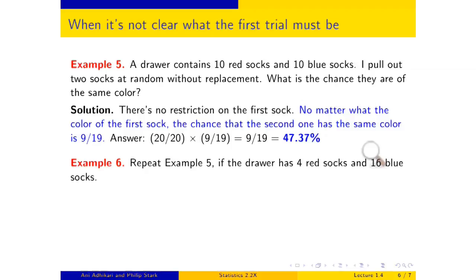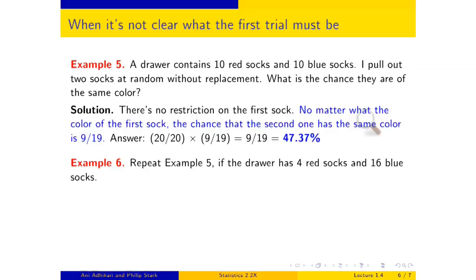So you can start out putting down a 20 out of 20. But now what? Well, now the second sock has to be of the same color as the first one. That is still the same. But the chances that you want to write down, that second fraction, depend on the color that was drawn first. And so now you don't know what to write down.